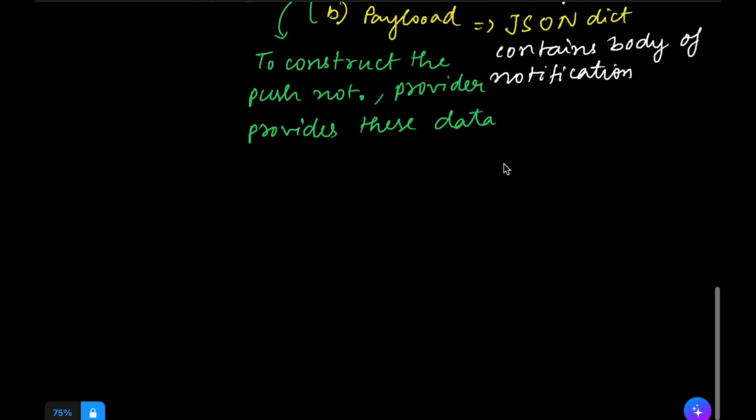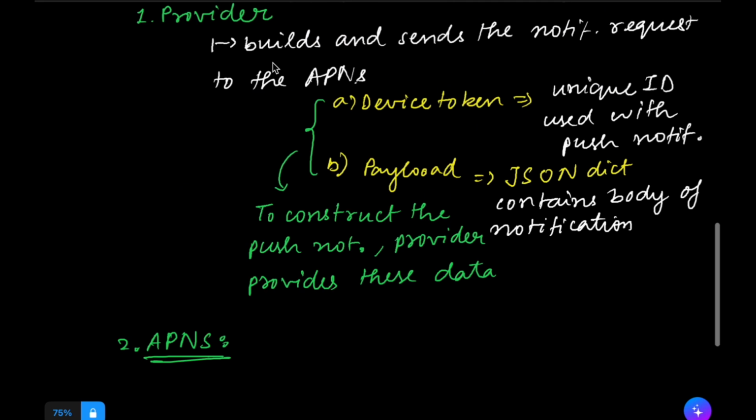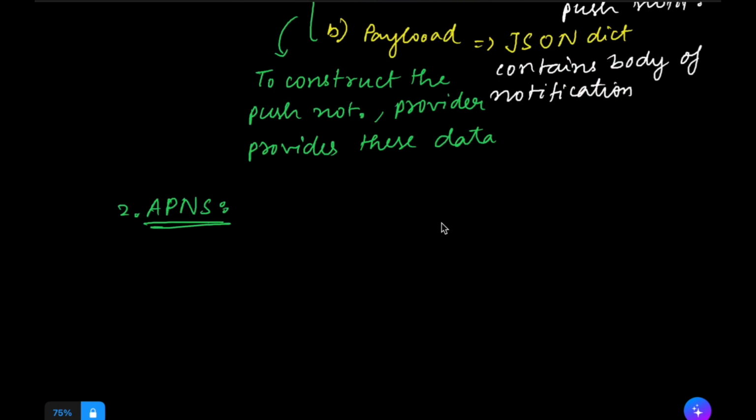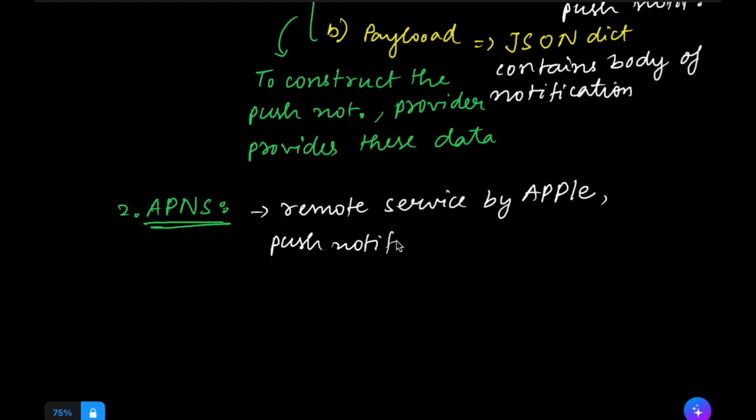After the provider, we have the APN. The provider builds and sends a notification request to the APN. Once the notification has been sent to the APN, the Apple Push Notification Service, which is a remote service by Apple, its main work is to push the notification to an iOS device.